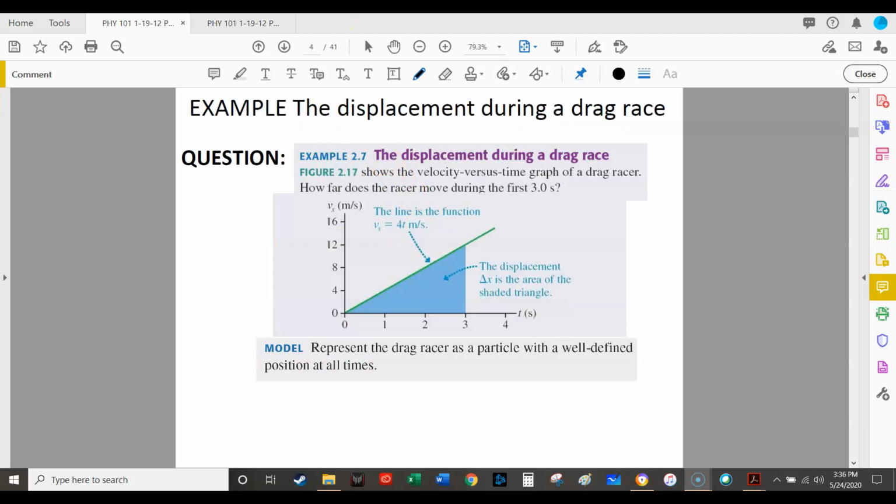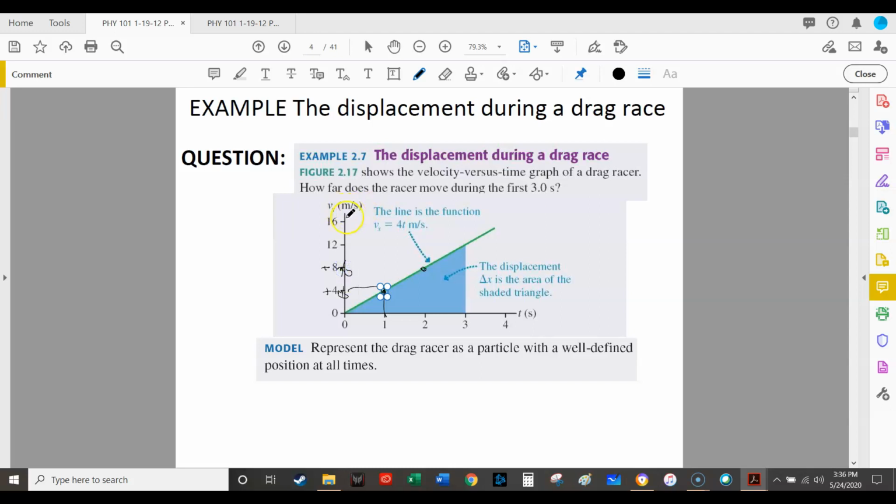Okay. Well, here we go. So here we have an object, and this is a velocity versus time graph. So these are all positive velocities. At the 1 second mark right here, it was traveling at +4 meters for every second. At the 2 second mark, it was traveling at +8 meters for every second.